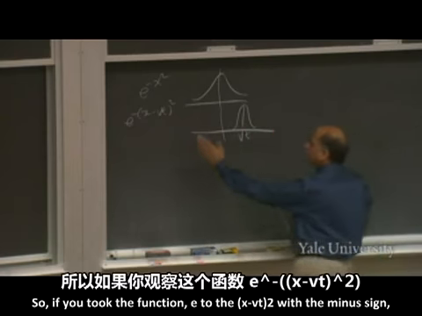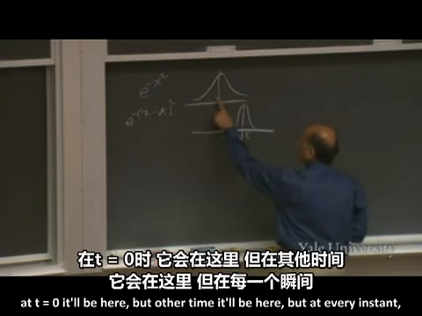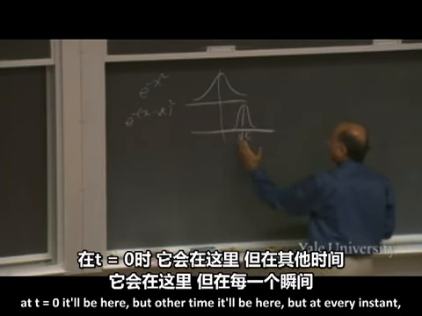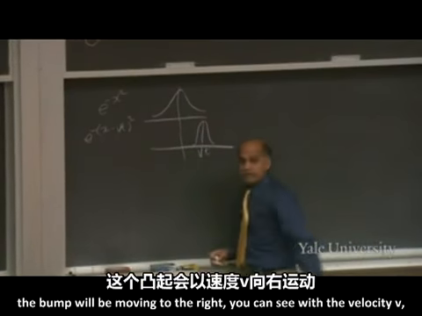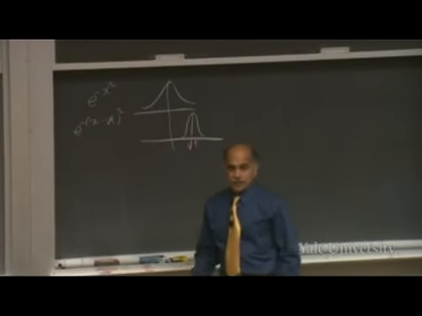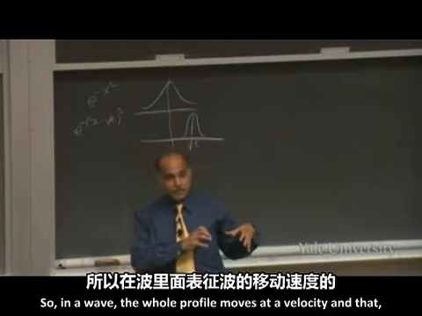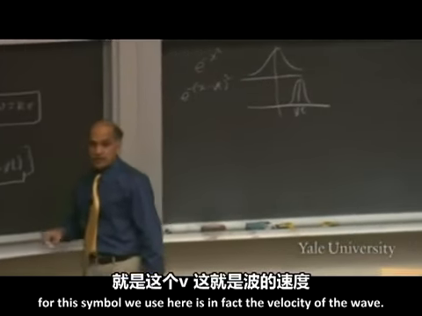So if you took the function e to the minus (x minus vt) squared, at t equal to 0 it will be here, at other time it will be here, but at every instant the bump will be moving to the right, you can see with the velocity v, because the peak is at a location vt. So in a wave, the whole profile moves with the velocity, and therefore this symbol we use here is in fact the velocity of the wave.